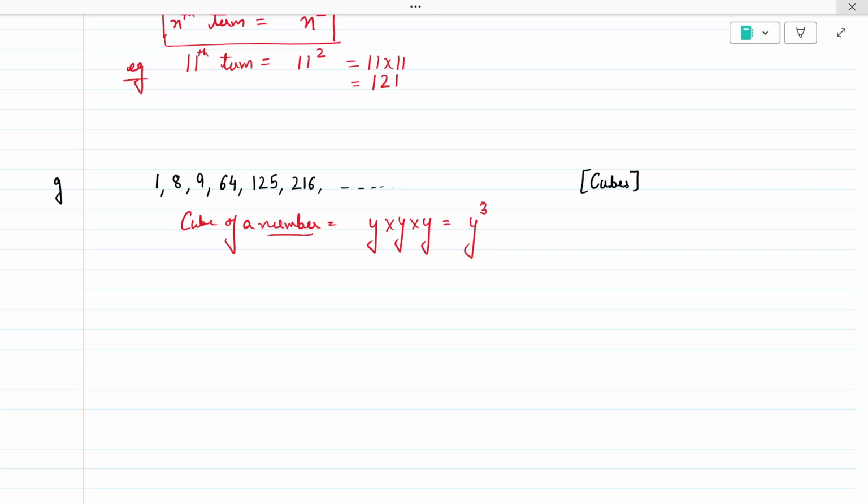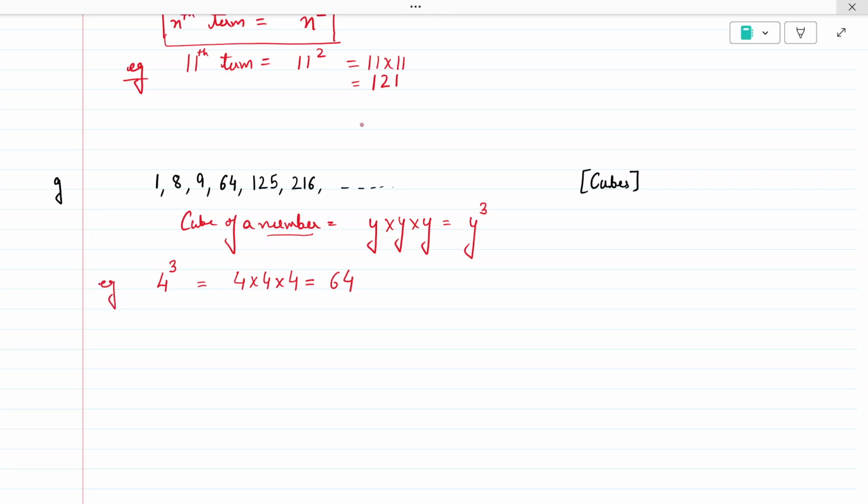In numerics, we write cube as 3 and square as 2. So how will you write the cube of 4? It will be represented like this, and the answer will be 4 multiplied by 4 multiplied by 4, which is 64. This is an example of a cube.